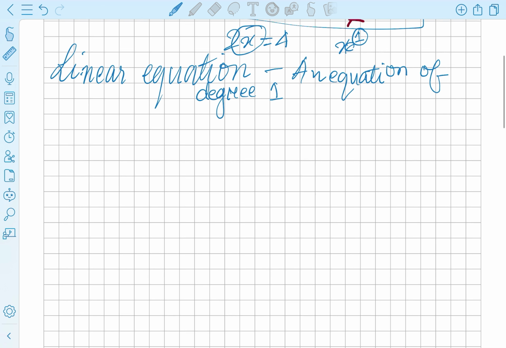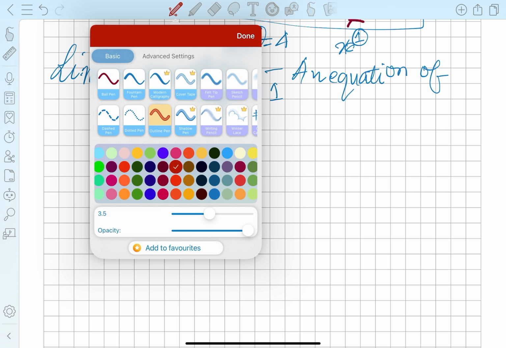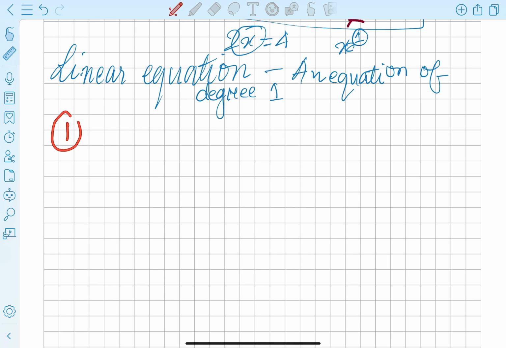Now there are a few simple linear equations which we can solve in a few methods. Now what are these methods? We will quickly be looking at them. Let's solve one or two linear equations first. The first one, 2x minus 3 equals 7 minus 5x.